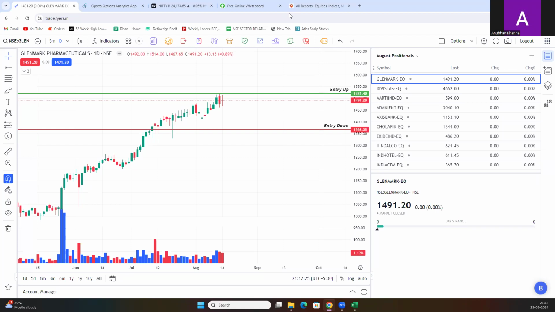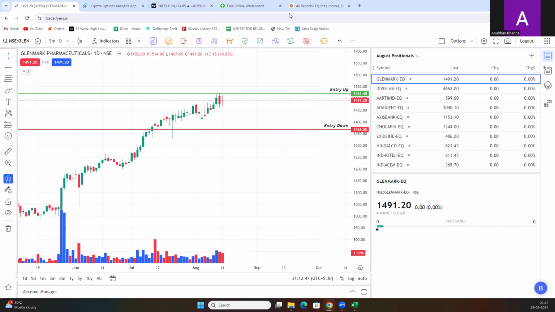So this criteria is a sure shot criteria that they will give you entry, either next day with a very good directional move, or the day after. Within 2-3 days, they do give very good entries, and you will get stocks daily.